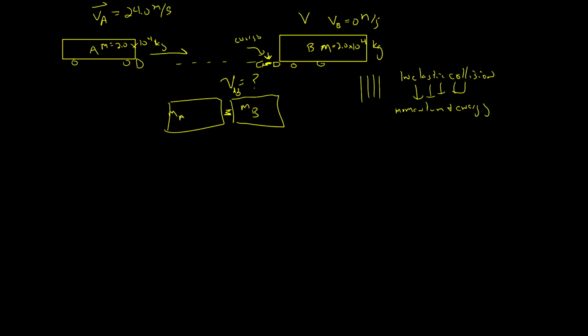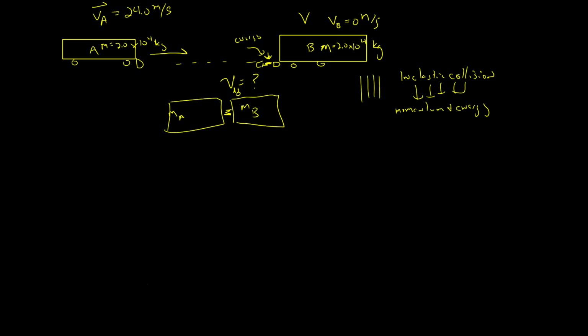MA plus MB times VAB. My question was to find the speed and direction the combined cars are going. Here's my conservation law written out, solved for my variable of interest, the velocity and the direction it's going. We know car B started with 0 velocity, so that term goes away.